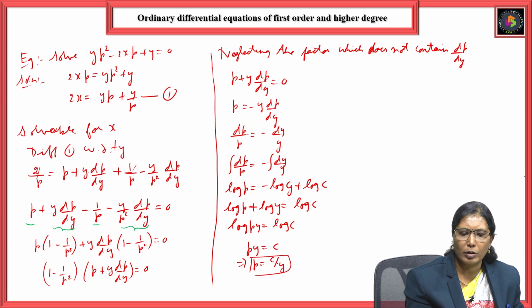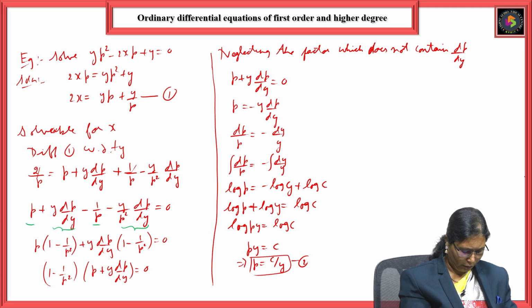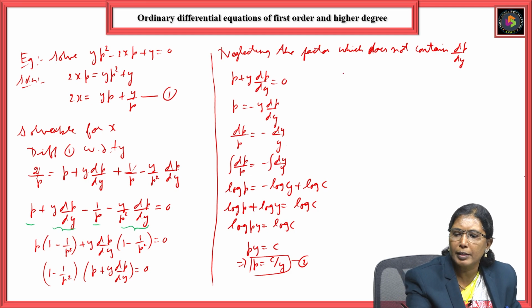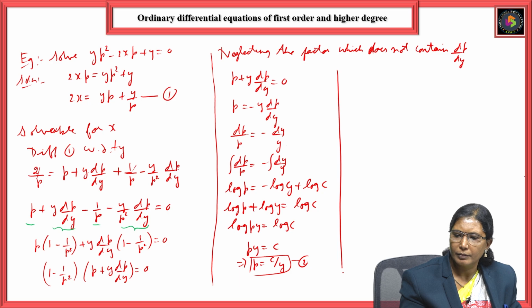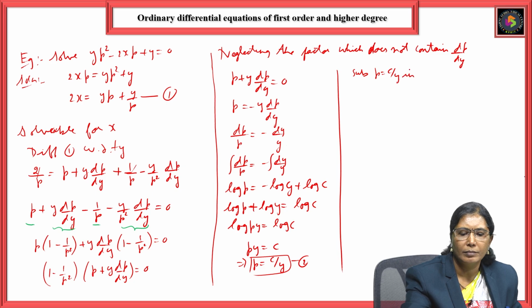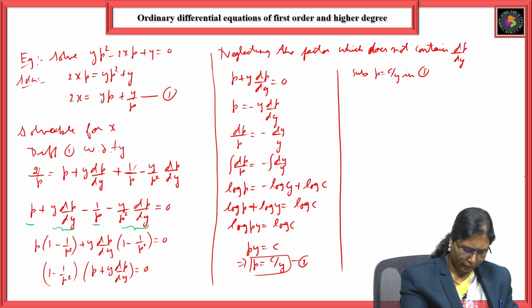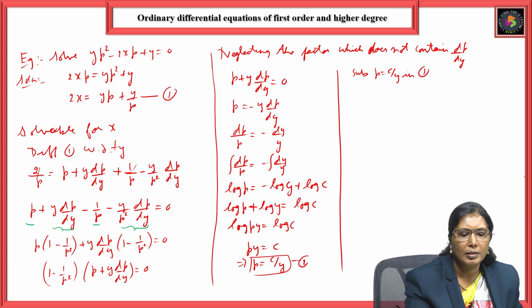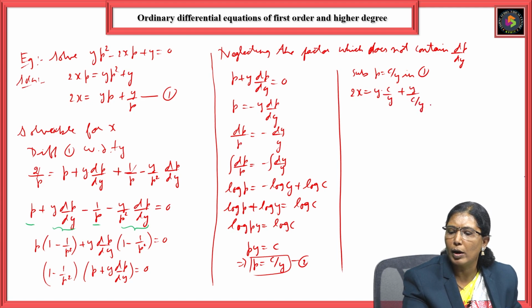So from this equation and equation 1, eliminate p. Substituting p = c/y in 1, what do you get? 2x = y(c/y) + y/(c/y).